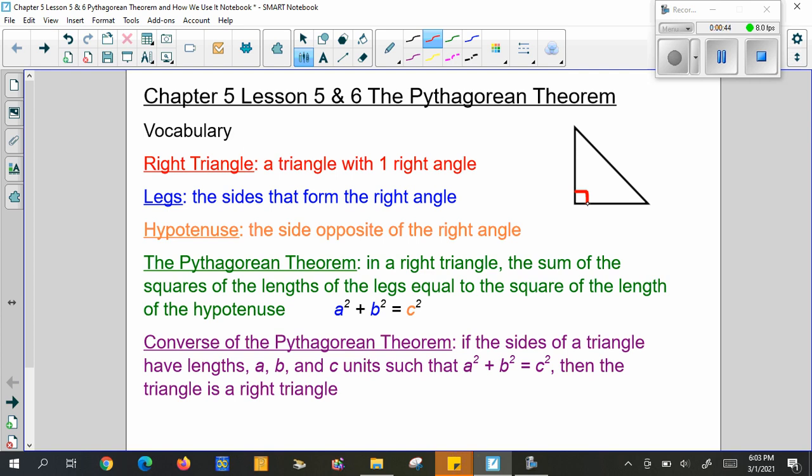We have the legs. Now, in a right triangle, the legs are the sides that form the right angle. So if I have this right angle, remember the box, the two sides that make the right angle are being marked in blue, and those are the legs.